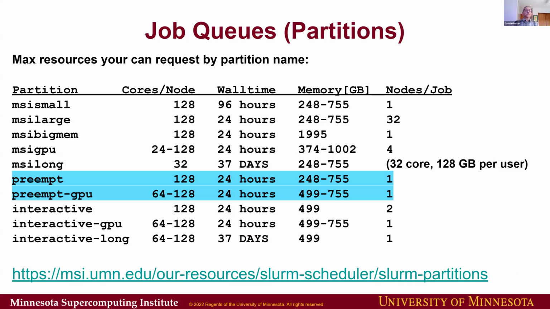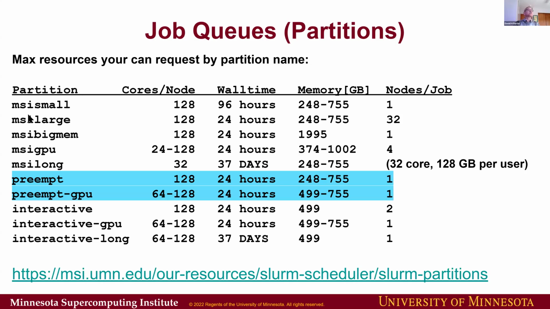So to start off with the queues that are available on Agate, basically there's quite a few of them, and they reflect a rich heterogeneous cluster with lots of different resources. There are quite a few standard compute nodes, and there are a variety of queues that will allow you to focus in on the resources that you need for your particular application.